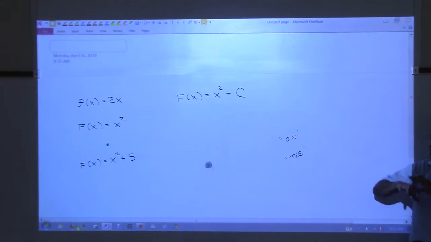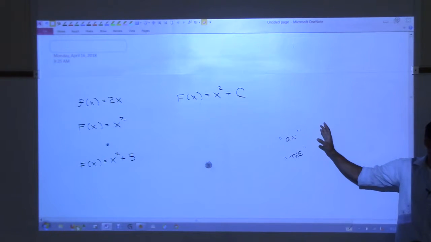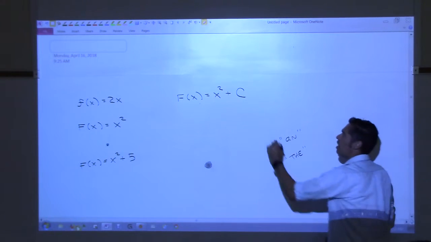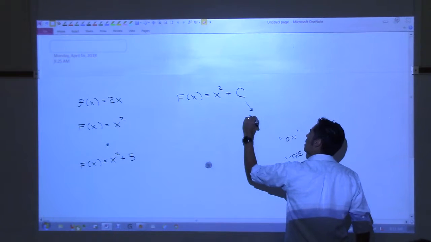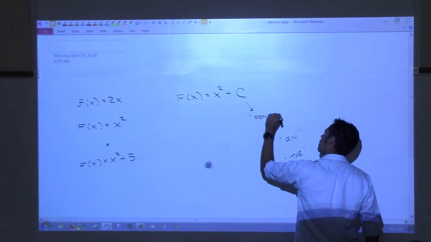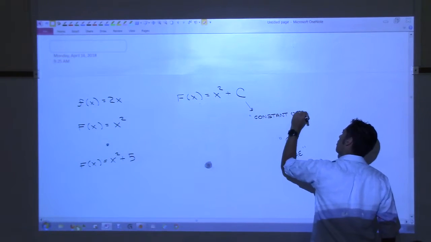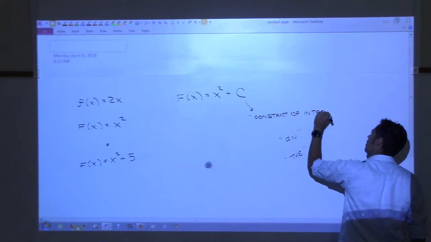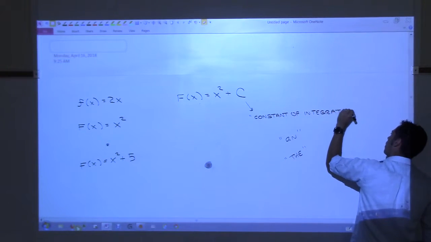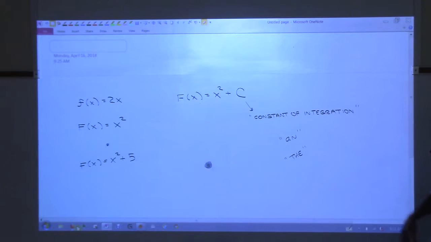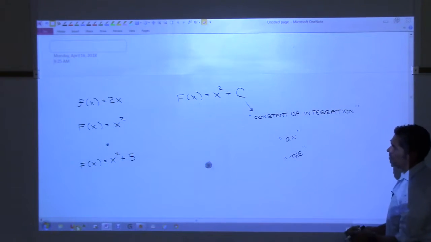This covers all constants that you could possibly put out there. This c is known as the constant of integration. I haven't even defined integration, but I'm letting you know that's what it's called, and we can talk about integration later.